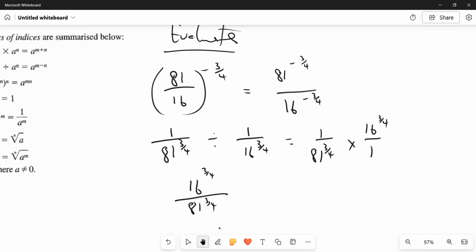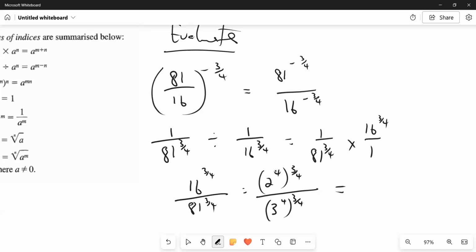And then 16 you want to see as what? 16 is 2 to the 4th power. And this one is what? 3 to the 4th power as well, 81, right?